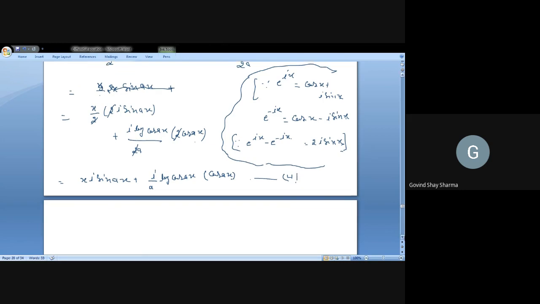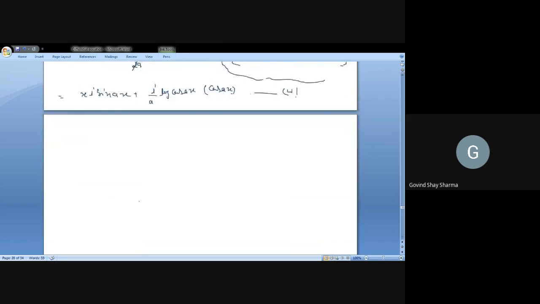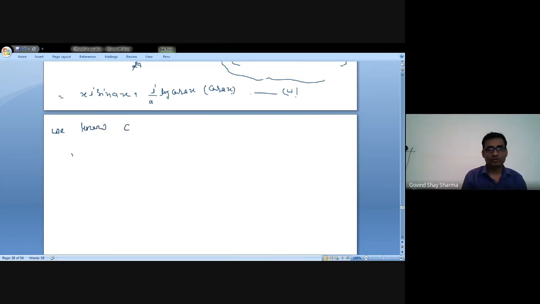Now the complete solution we know is equal to CF plus PI.